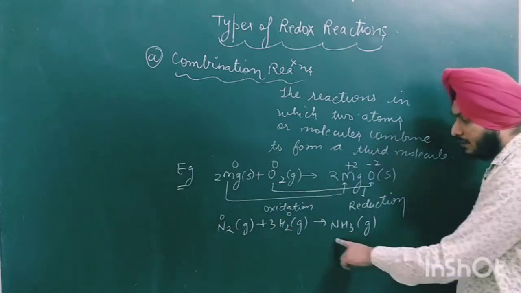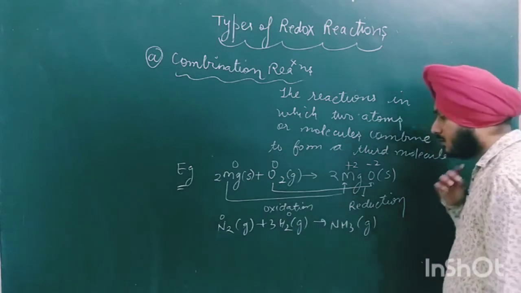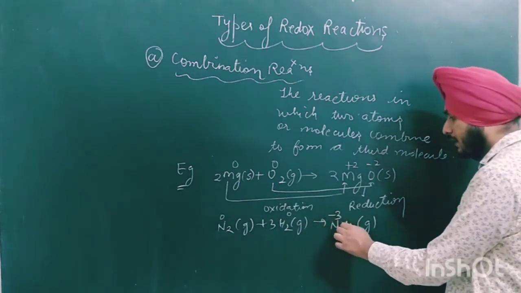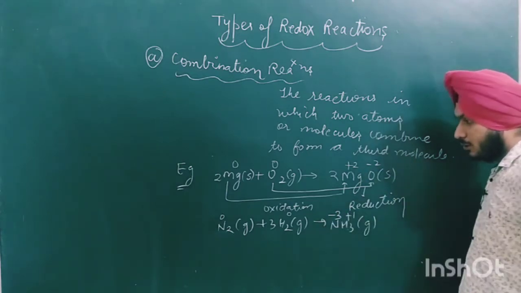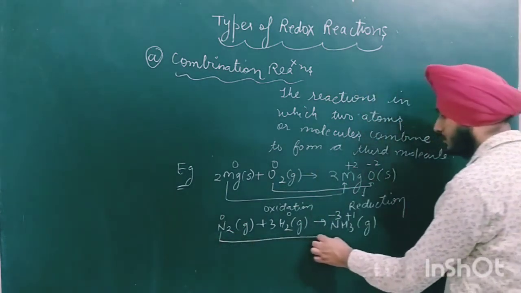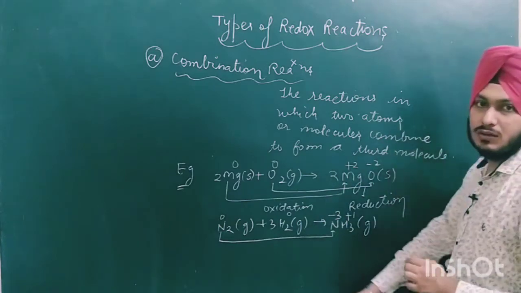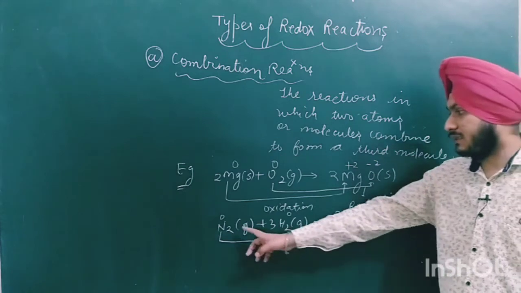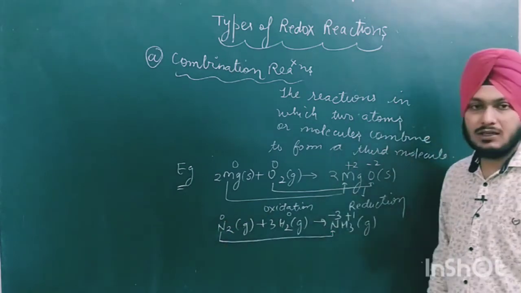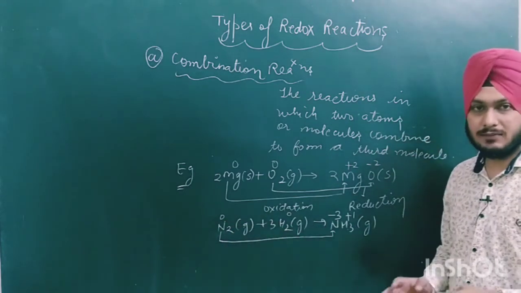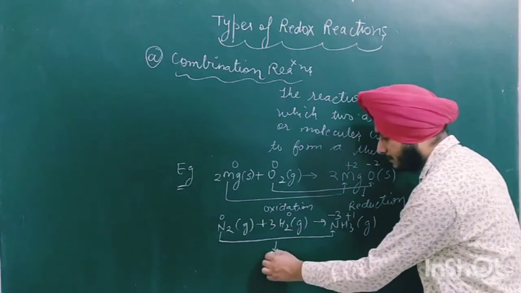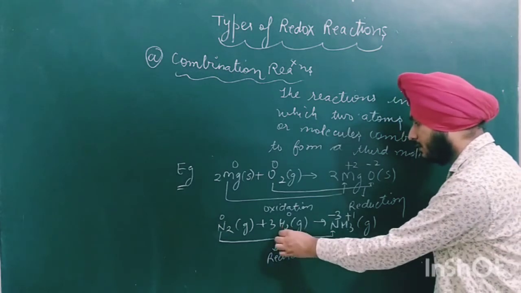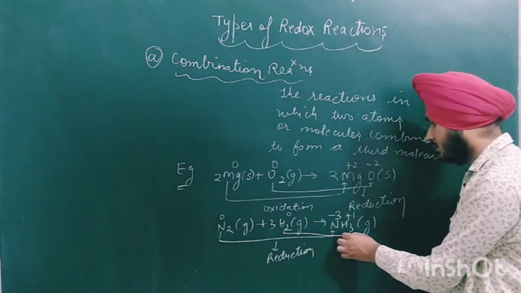Nitrogen is more electronegative than hydrogen, so the oxidation number of nitrogen is -3 and for hydrogen it is +1. The oxidation state of nitrogen changes from 0 to -3, which means reduction is taking place.